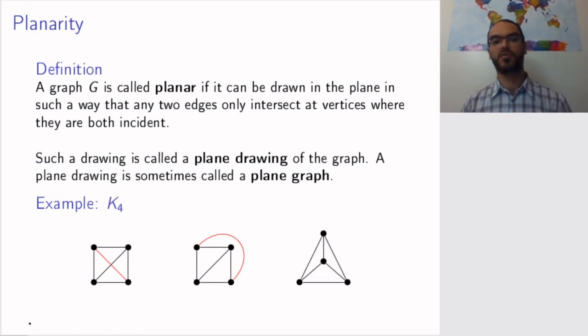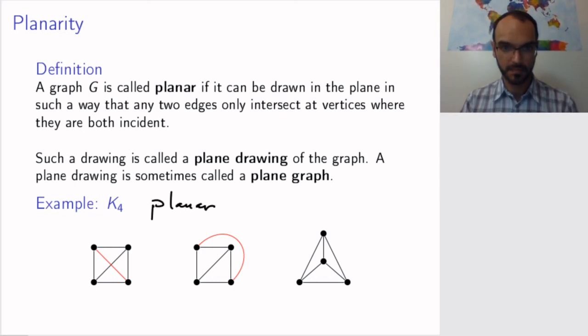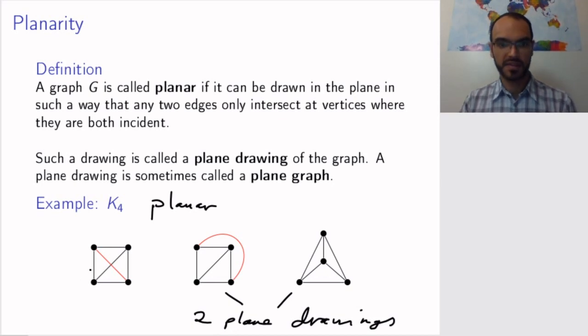Another way to draw K4 is like that, and from that drawing you can see that in fact it is already a plane drawing. So the graph K4 is planar, and these are two plane drawings, whereas this is not a plane drawing.